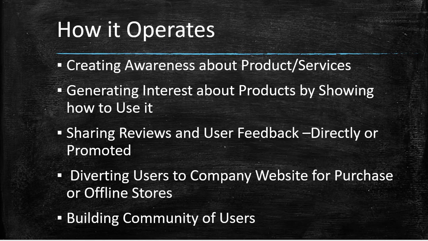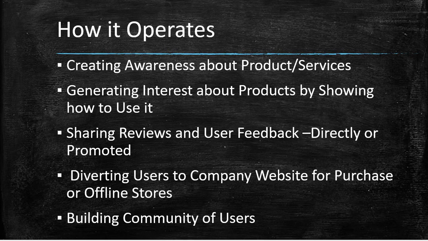How social media operates. Social media can help you create awareness about your product and services. It can help you generate interest in a product by showing users how to use it. You can share reviews and user feedback directly or in the form of promoted posts and tweets on social media platforms to generate more interest among your users.